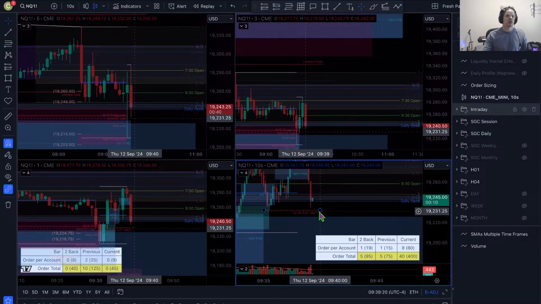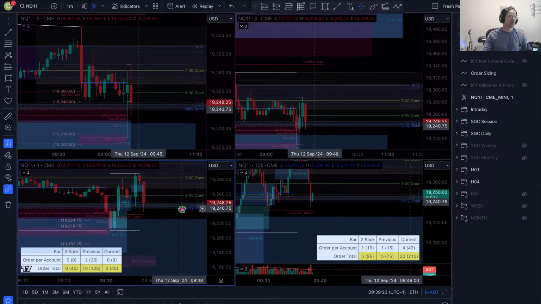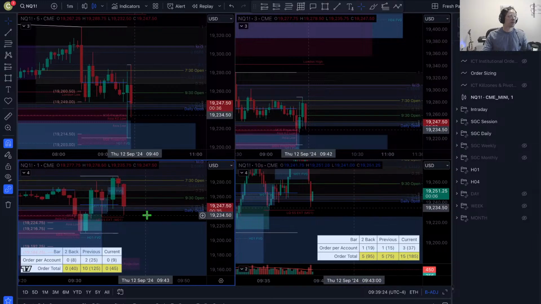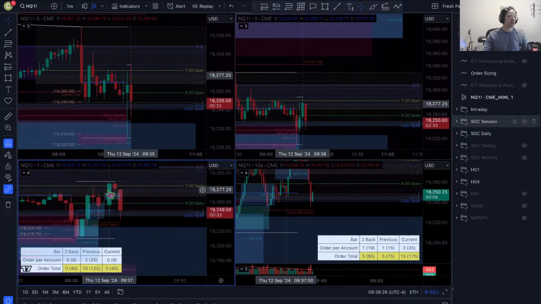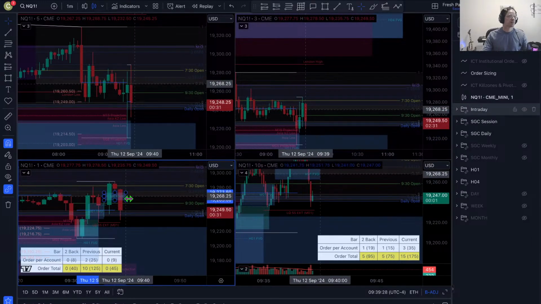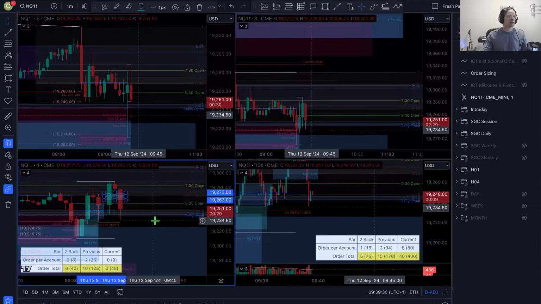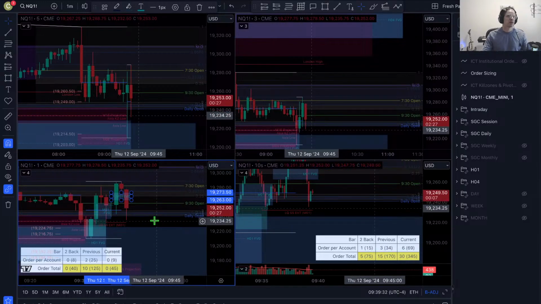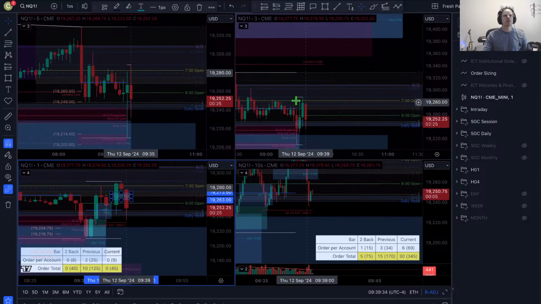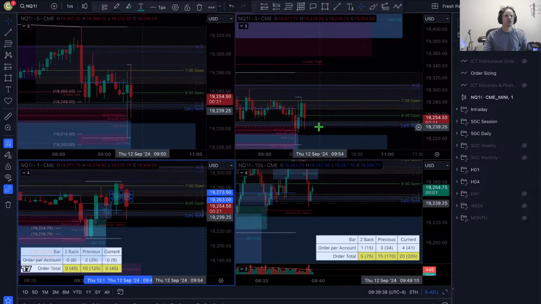Here's that M1 liquidity that I was looking at, potentially could get grabbed. We're in the discount now of the M1. If we close down here, we're going to have effectively an inverse there. Notice that the 3 minute did not close above the 730.